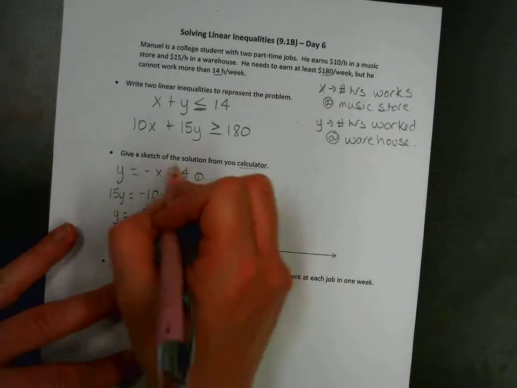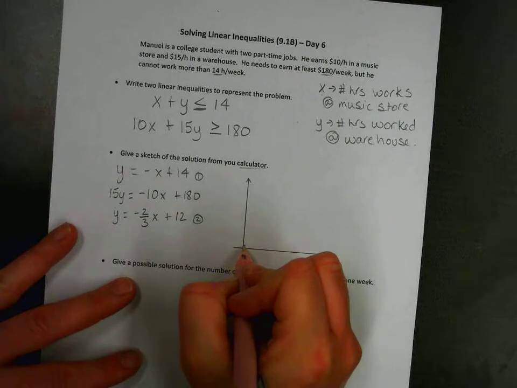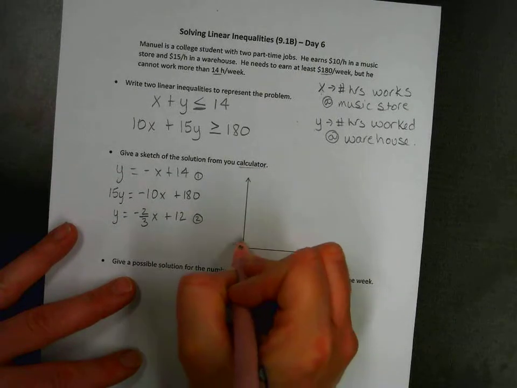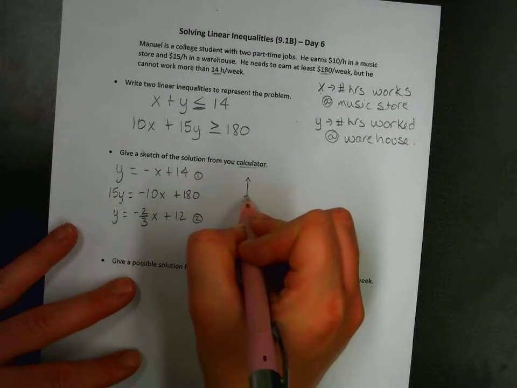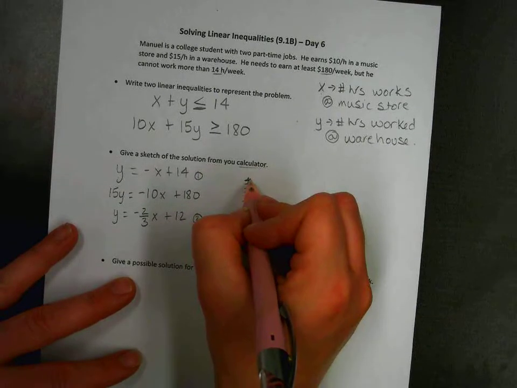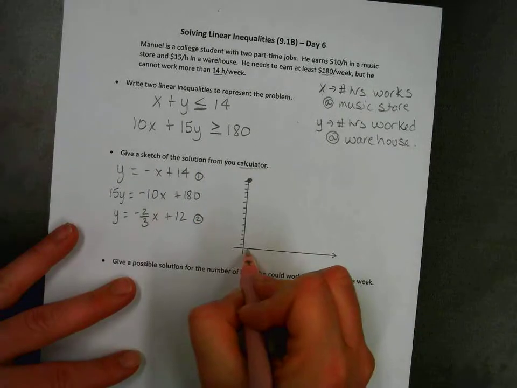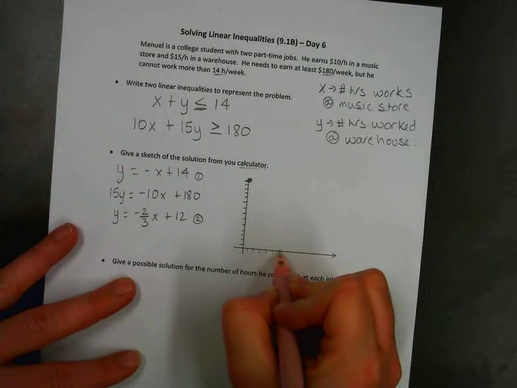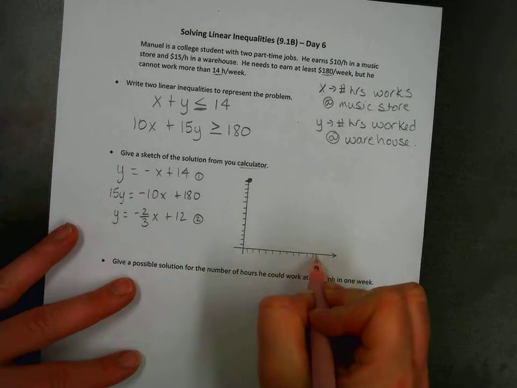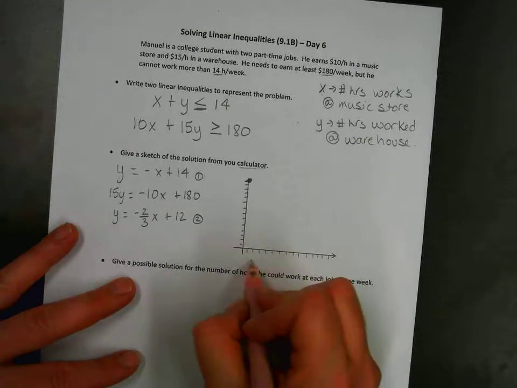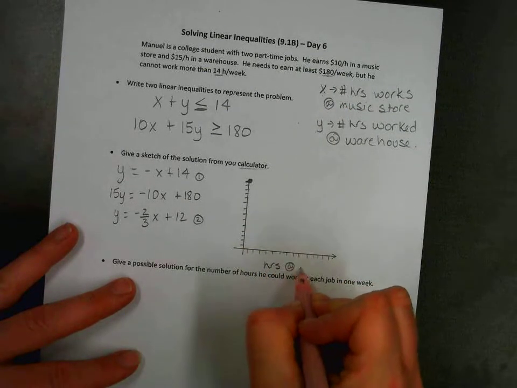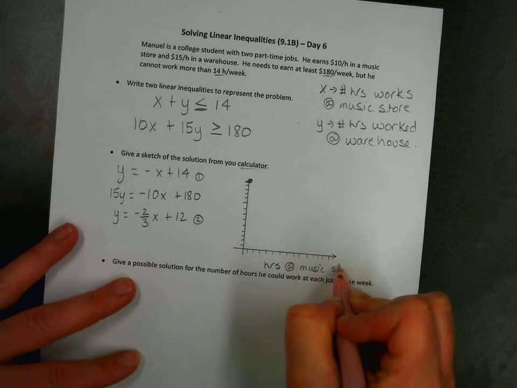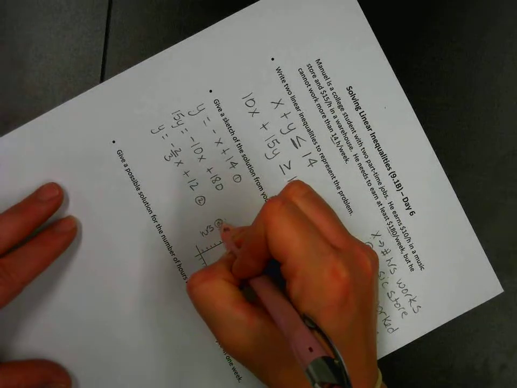I want to be specific here. Knowing equations of lines, this has a y-intercept of 14, so I need 14 units to go up. 1, 2, 3, all the way up there, so there's my y-intercept. Remember, x represents the hours worked at the music store, and y is the hours worked at the warehouse.